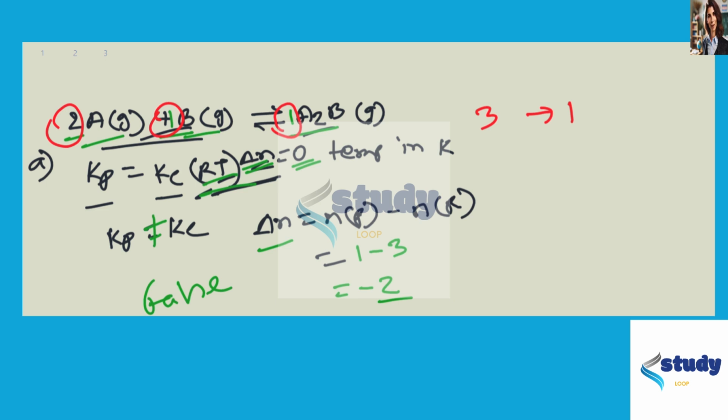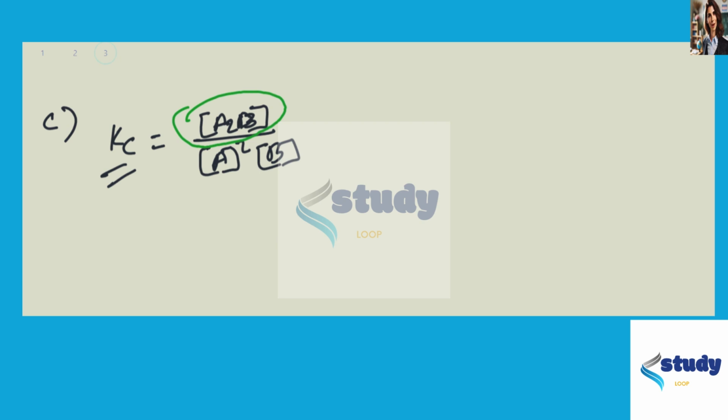Since the lesser number of molecules is on the product side, and the product is A2B, increasing the pressure will increase the concentration, or the amount, of A2B. Eventually, since the concentration of A2B will increase, the value of Kc will also increase. That means statement C, which says the value of Kc increases with increasing pressure, is true.